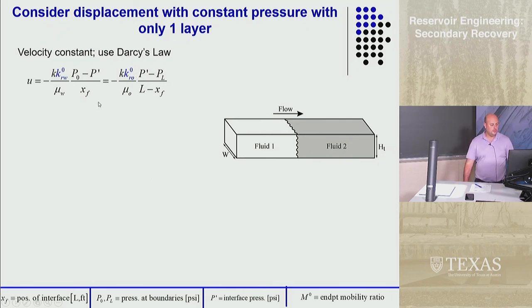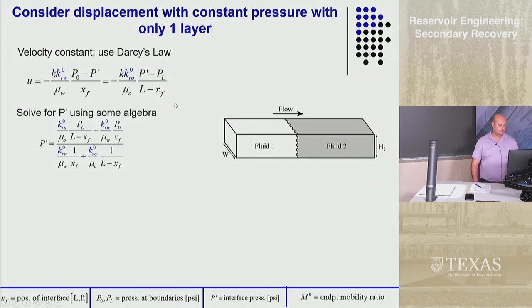Okay, so these are both true statements, and we can set them equal to each other and solve for the interface pressure. If you do that, you get an equation that looks like this. It's just algebra. Okay, yeah, it looks ugly and all that, but the point is it depends on the viscosities of the fluids, the relative permeabilities of the fluids, and that front position XF.